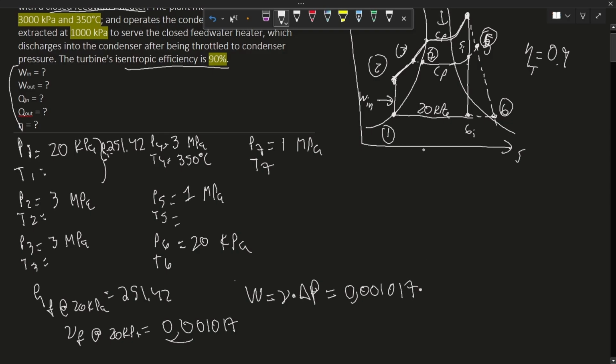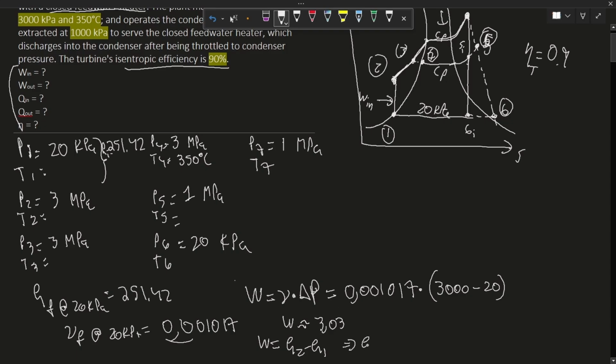So your work is equal to 0.001017 times (P2 minus P1). Again, for this work equation, you have to use kPa. So 3000 kPa minus 20. Calculating this, you get a work of about 3.03. You also know that work is equal to h2 minus h1, and we have h1, it's 251.42.